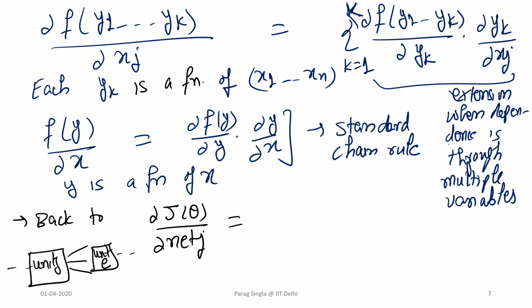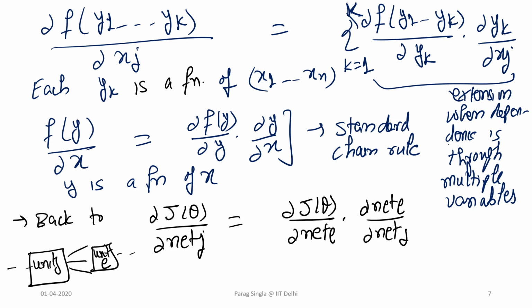Therefore, applying this generalized form of the chain rule, we can write this as the partial of J theta over the partial of net l, times the partial of net l over the partial of net j, summed over all possible l's which are downstream neighbors of j.